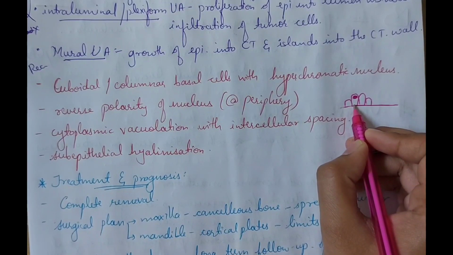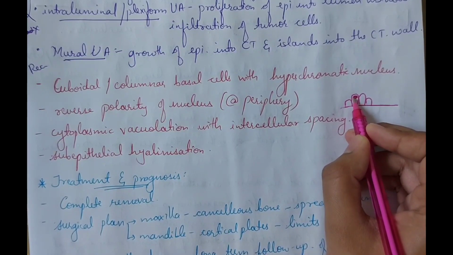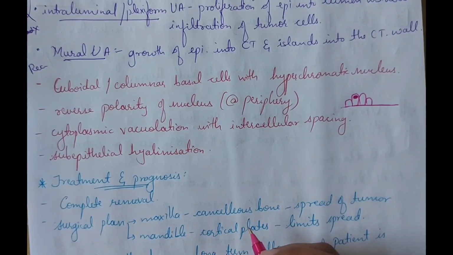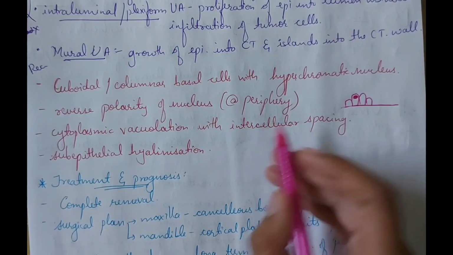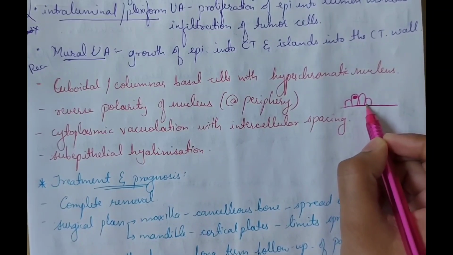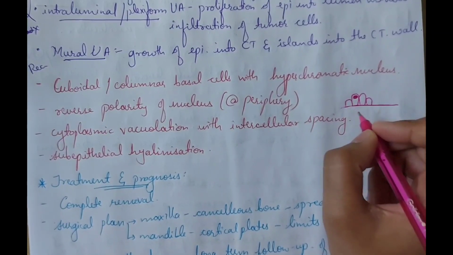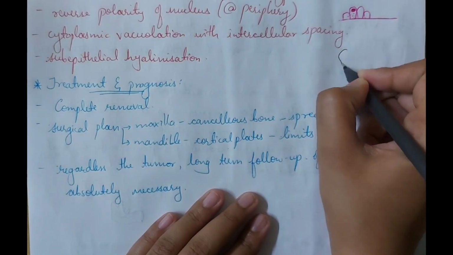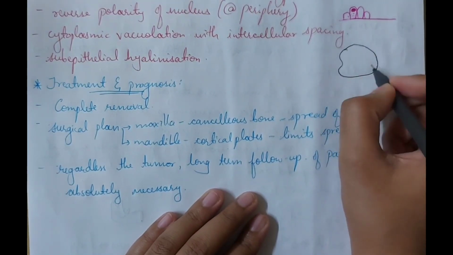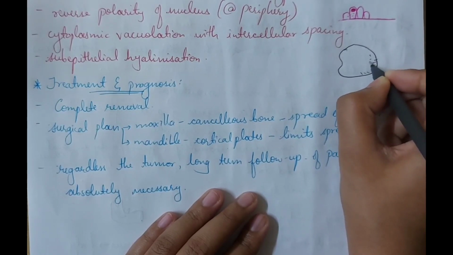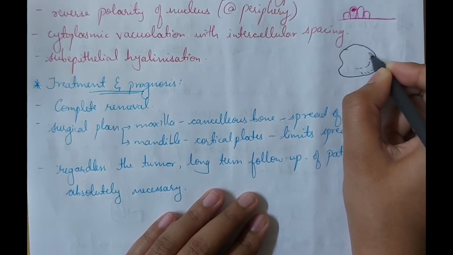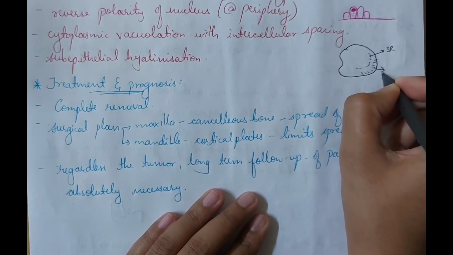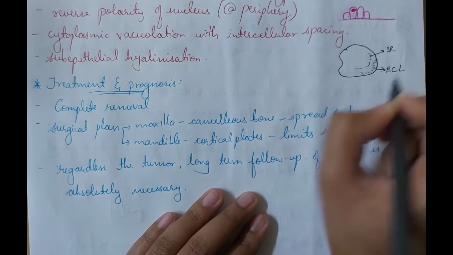Before, the nucleus will be here, during development it will go here, towards the periphery. That is called reversal of polarity of the nucleus. Then there is cytoplasmic vacuolation with intercellular spacing, here you can see there's a spacing between the cells. Then you can see epithelial hyalinization. Now if this is the tumor, you can see a thin layer of stellate reticulum here, and this will be the basal cell layer.